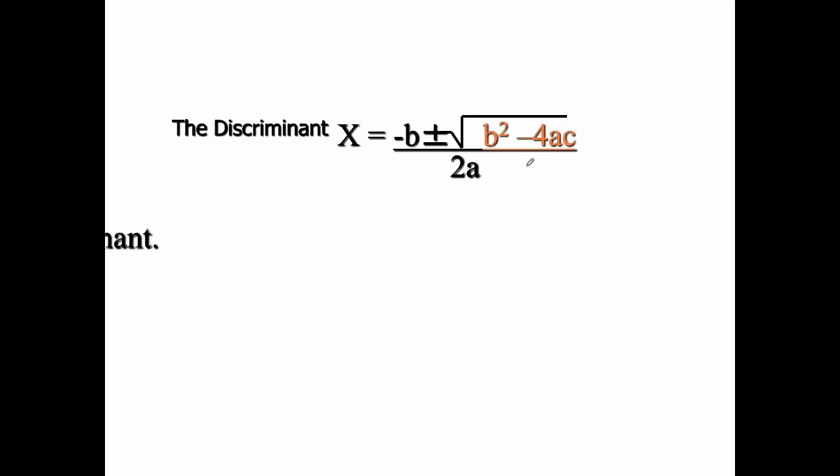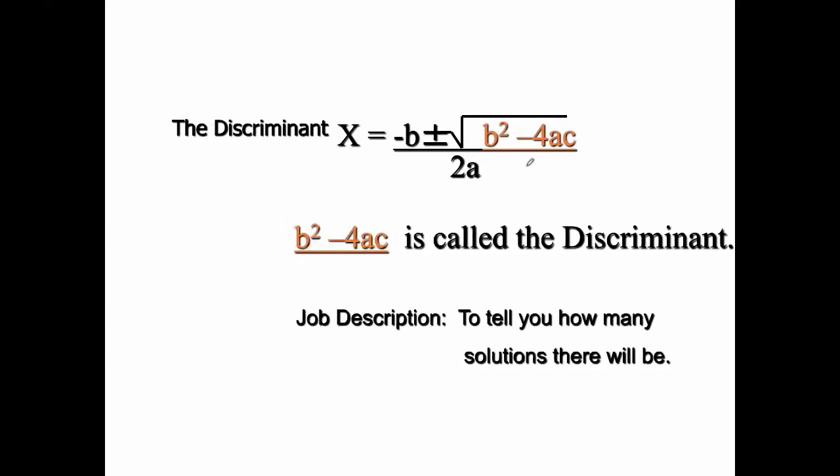Okay, the discriminant, like I mentioned, is probably one of the most important things that we're going to do. And I have found over the years that doing this separately, figuring out what's under the radical away from the rest of the problem and then substituting that number in there, will eliminate a lot of potential errors that come up with this formula.